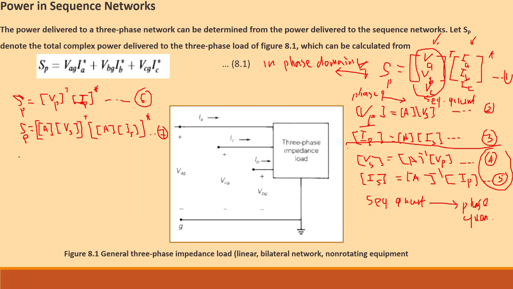Okay. Now, we know from the reversal rule in matrices, that if we have A multiplied by Vs transpose, this is equal to Vs transpose multiplied by A transpose.